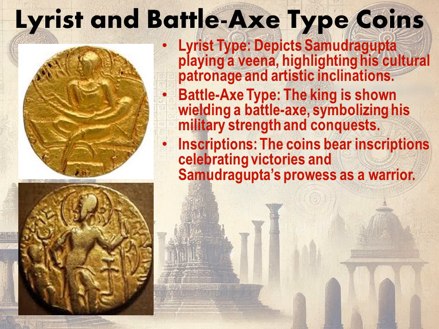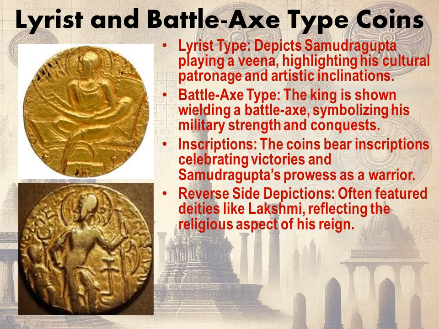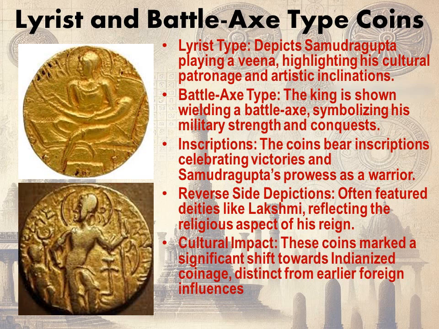So all these coins also have inscriptions which mention Samudragupta to be an accomplished warrior. Often featured deities like Lakshmi, reflecting the religious aspect of his reign. So Lakshmi has been featured on the reverse side of many of these coins, and thus we get to understand the religious aspect during his time.